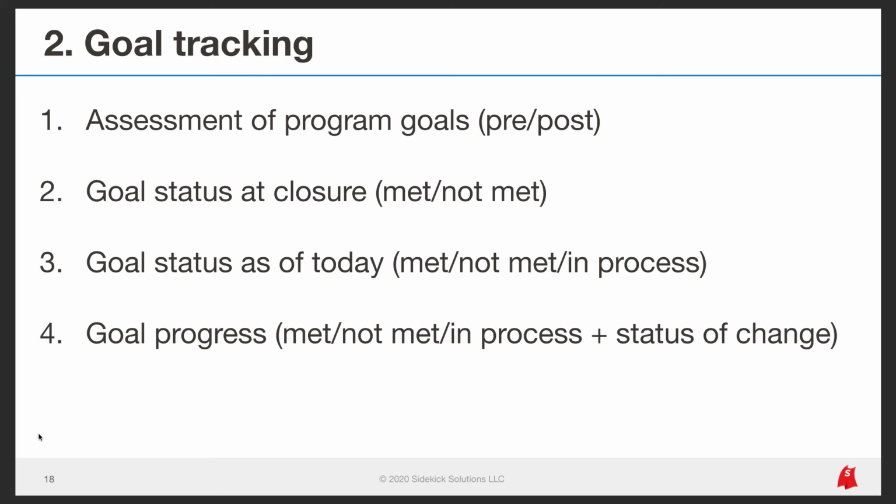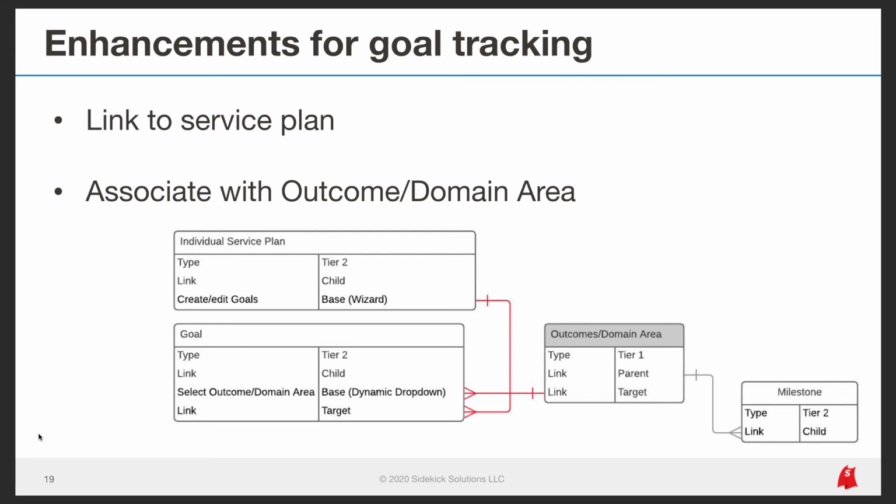Now let's look at each goal tracking option. Before we jump on, let's take one final look at this outcome and domain area concept. We do have an ERD here. You can see that an individual service plan relates to a goal, many goals to a service plan, and you could either by linking or potentially by dynamic field, if you have Apricot 360, you could create dynamic drop-downs of outcomes and domain areas, which can also relate to milestones, to roll up goals in reporting.